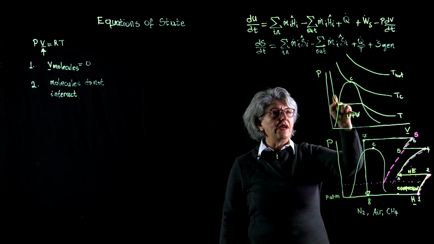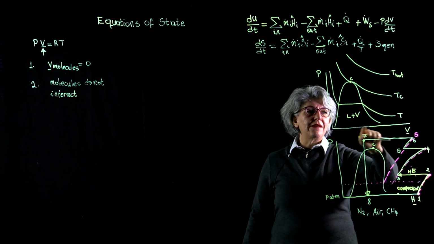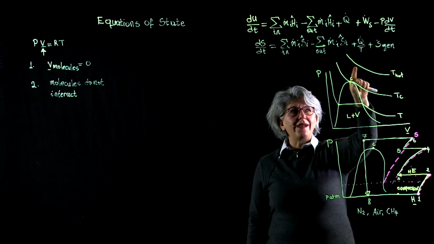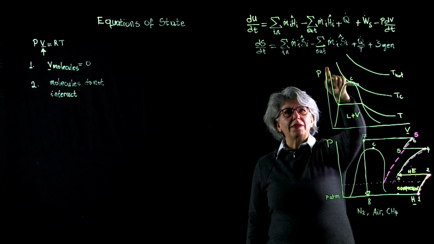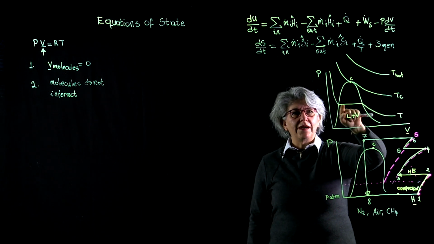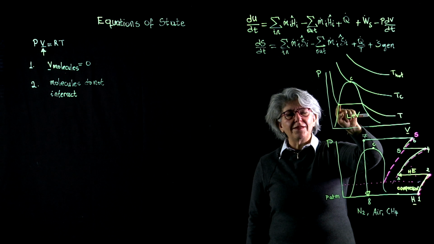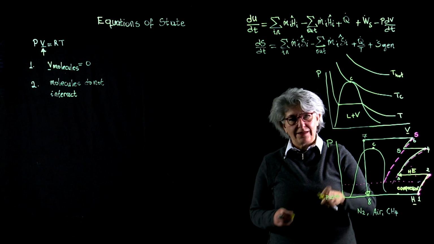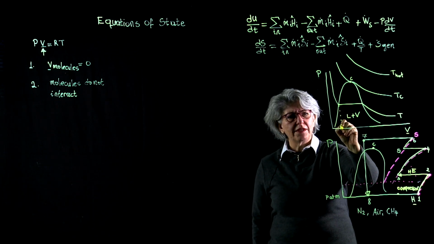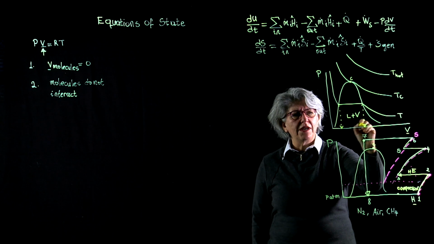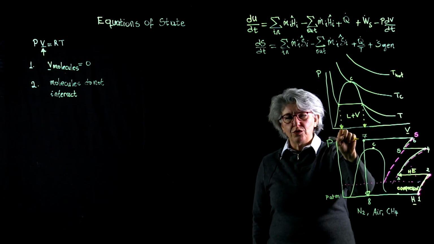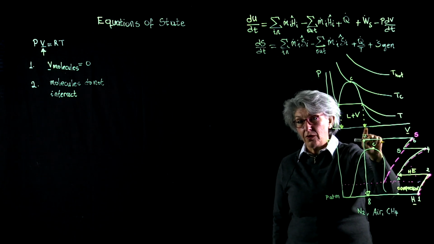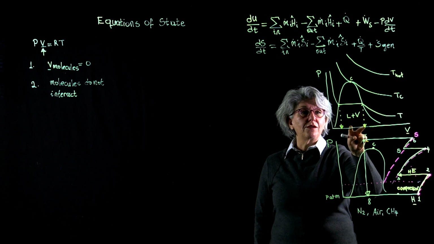Now, when we look at the PV diagram of a real fluid, we see that, unlike ideal gas, the real fluid has a singularity at the vapor-liquid transition, that we have the same pressure, same temperature, but two different volumes that are needed to describe the behavior of the fluid. This volume corresponds to the specific volume of the liquid. This volume corresponds to the specific volume of the vapor in equilibrium with that liquid.